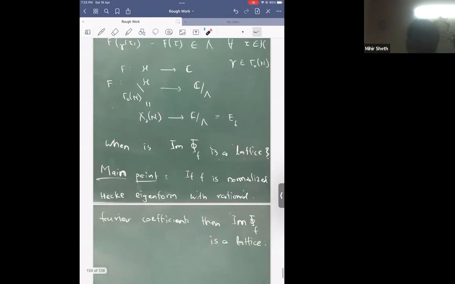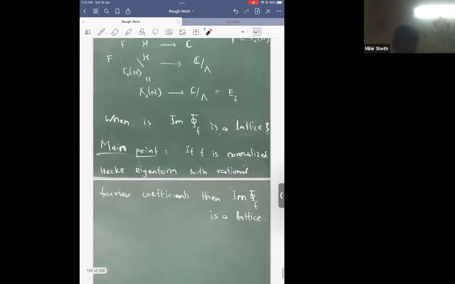But as far as I understand from the introduction of this chapter, we are interested when this image of phi_f is a lattice, which happens only when f is a nice eigenform. Now, I want to also discuss one example, which is also discussed in this introduction.